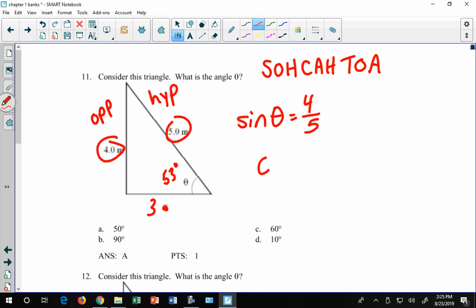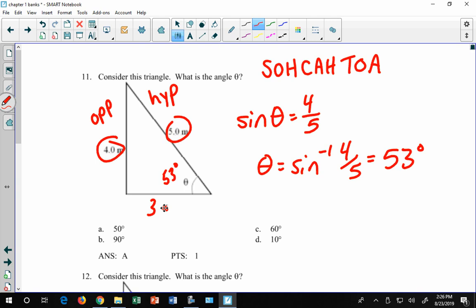And then theta is the inverse sine of 4 over 5. On your calculator, this is usually second sine. It's like sine to the minus 1. You might also say arc sine. That means the same thing. And that's 53 degrees, right? Do I get 53? Like 53.1 or something.